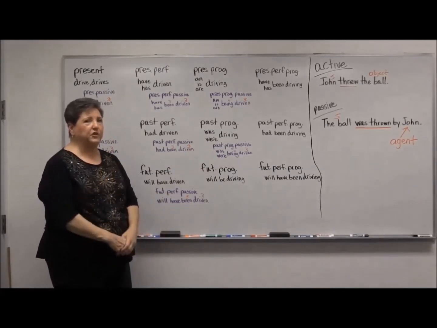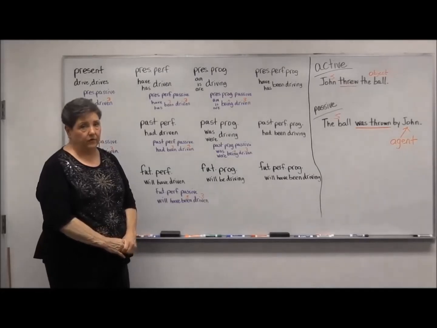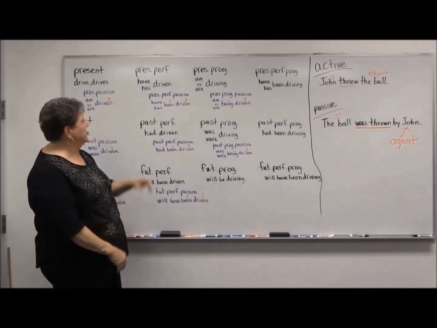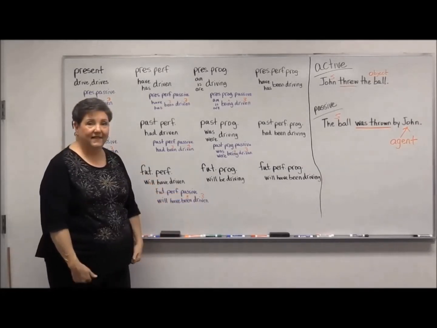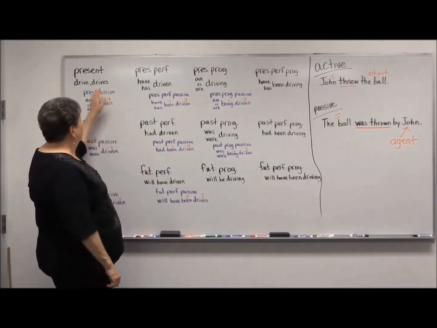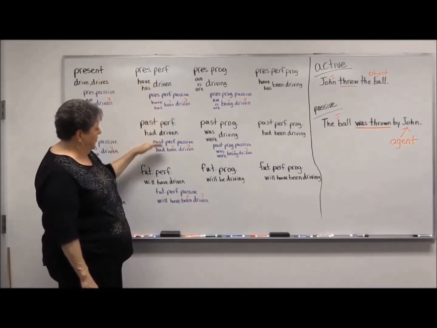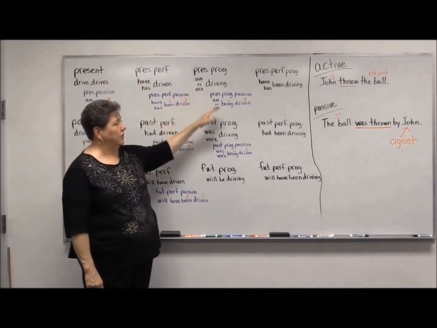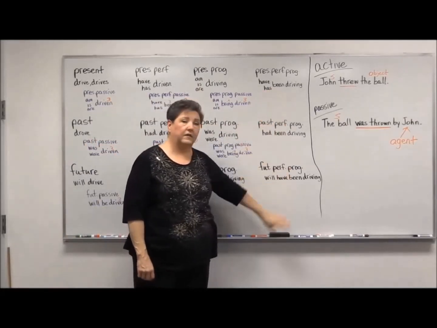What's the first thing you see? Well, maybe you see a lot of things that are different. But what I want you to see is those threes. I put here verb 1 and verb 5, verb 3 on all the perfects, verb 4 on all the progressives, and verb 3 and verb 4 on these.